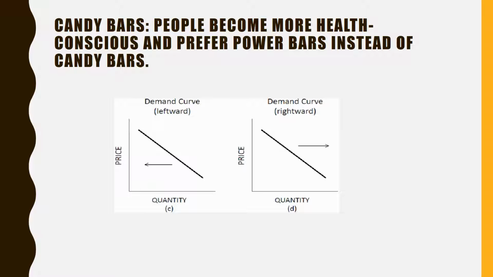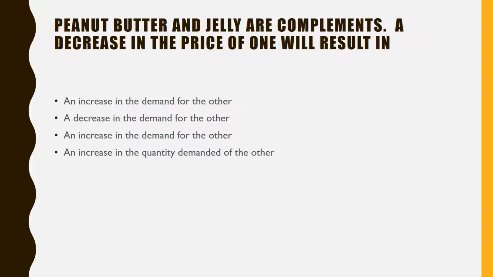Another example, candy bars. We're becoming more health conscious and we prefer power bars instead of candy bars. So our demand for candy bars shifts inward, and I don't know if this has happened in your household, but this is a common thing that's happening. We're demanding fewer candy bars and more of the health type bars.